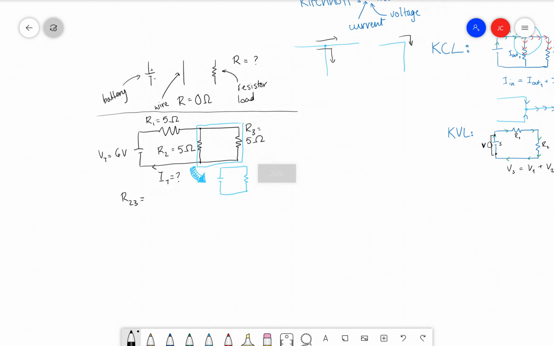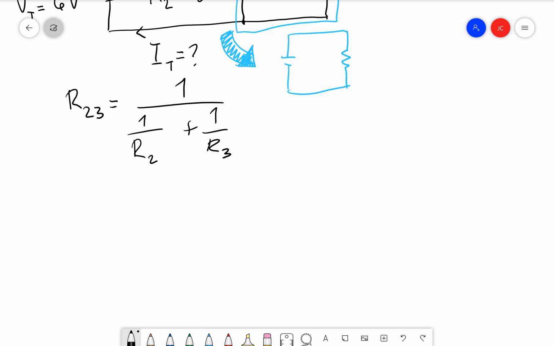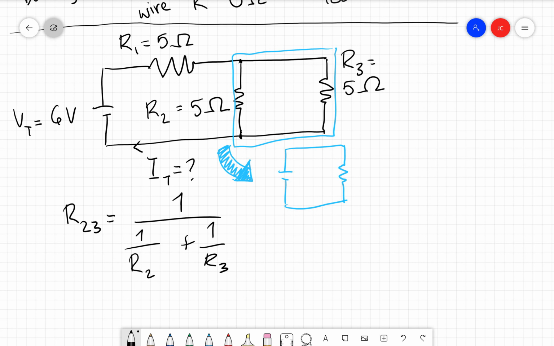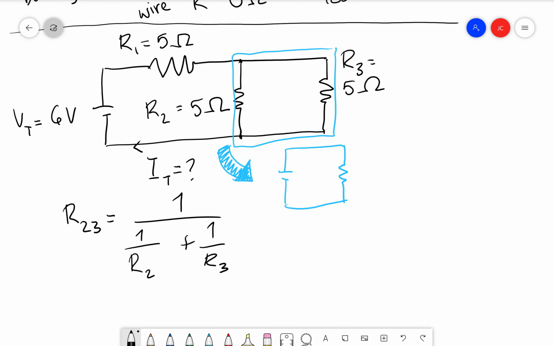So we say 1 over R23 equals 1 over R2 plus 1 over R3, because these are the two things that are in parallel. We have an R2 and an R3, and so R23 is those two things put in parallel with each other.